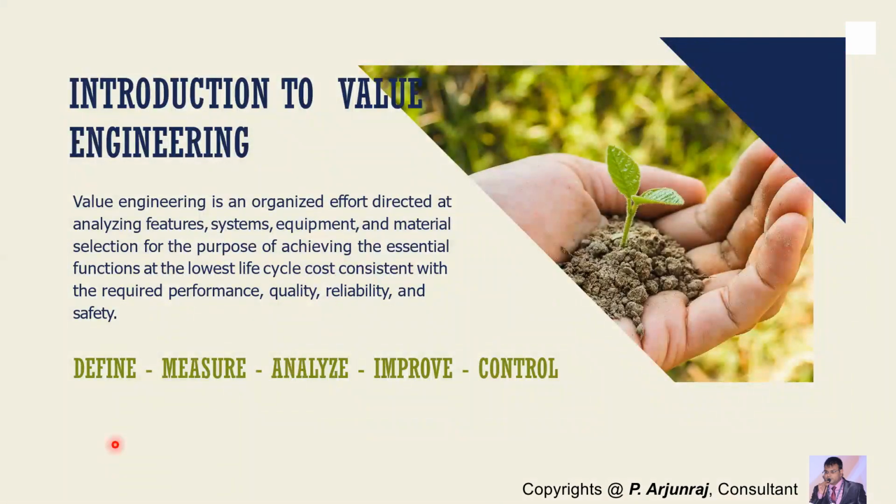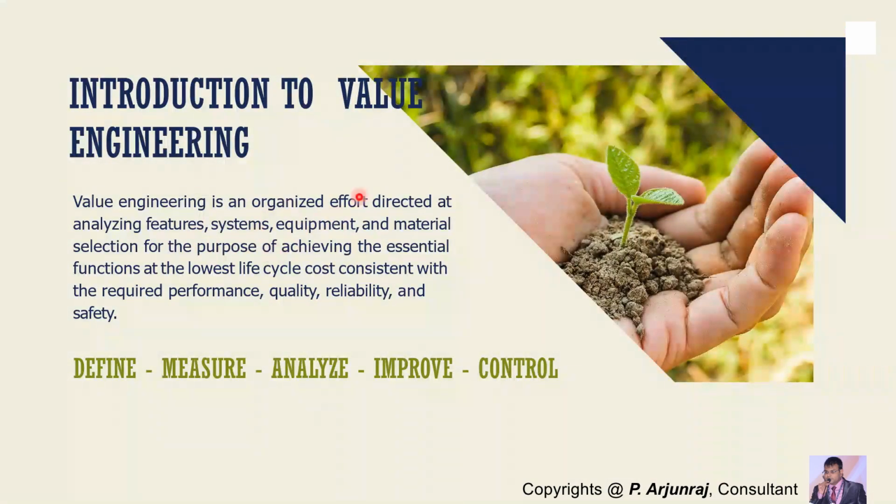So here you are going to follow the DMAIC approach. First, you are going to define the requirements, and you are going to measure the requirements. You are going to analyze the requirements, improve the requirements, and control the requirements. When I say requirements, you have to understand the requirements related to the features, related to the thing you are going to deal with.